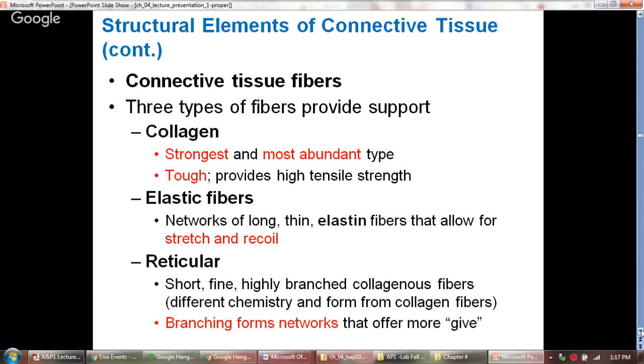The elastic fibers are a network of long, thin elastin fibers, and they allow stretch and recoil. So elasticity: stretch and recoil. The reticular fibers are very short, fine, and highly branched collagen fibers. They are different in chemistry and form from collagen fibers, and they provide branching networks in the tissue.